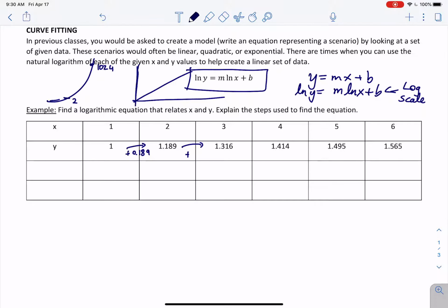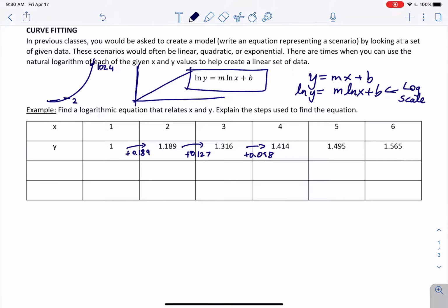This is plus, let's see, what's 1.316 minus 1.189? That's plus 0.127, and 1.414 minus 1.316 is plus 0.098. Right, so there's no constant slope here. This isn't a linear equation.